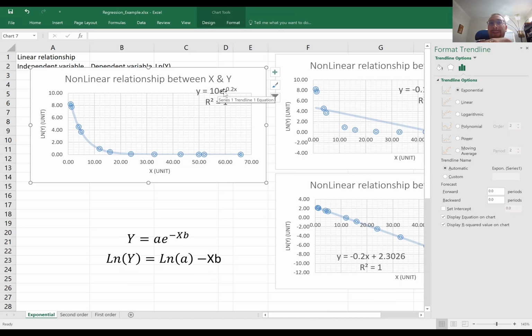But in reality, what Excel is doing is linearizing it this way. There are other types of nonlinear regressions you can do through linear regression. Bottom line is linear regression is an extremely powerful tool for curve fitting. So this is what I wanted to cover for today.